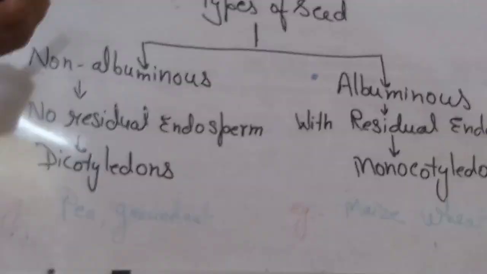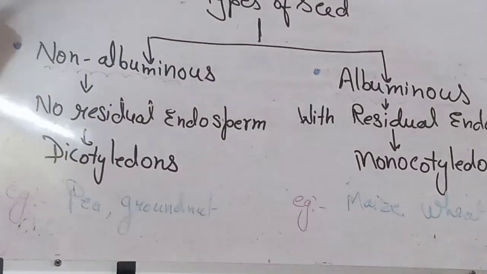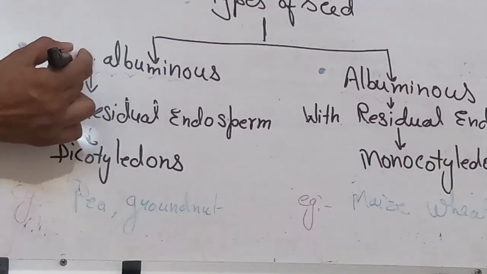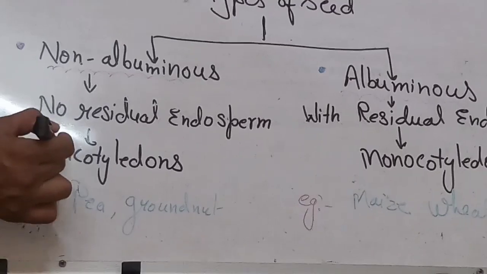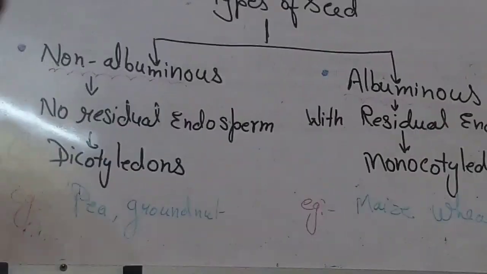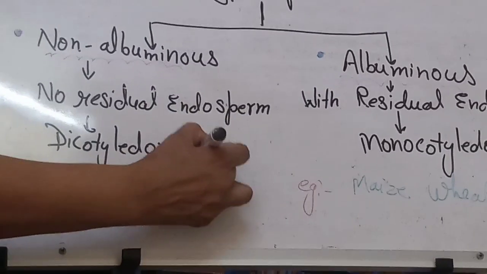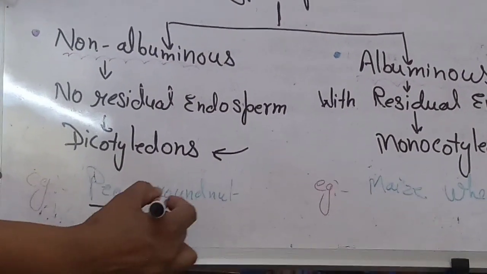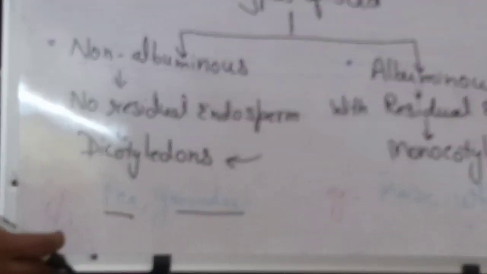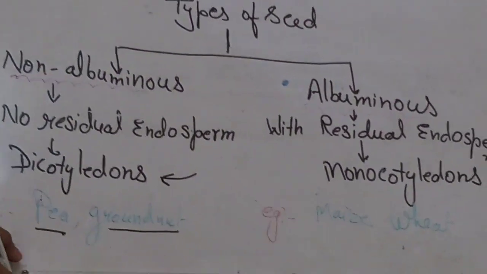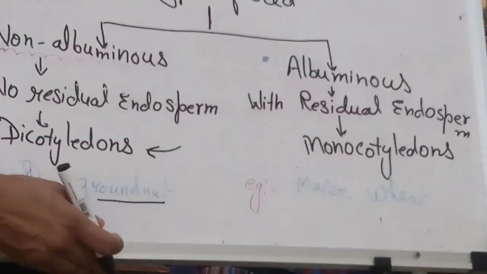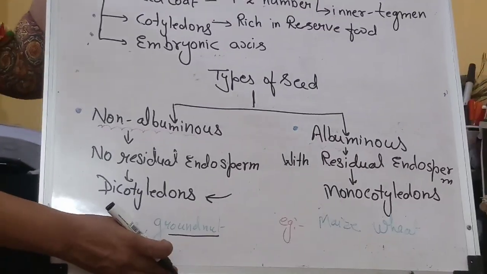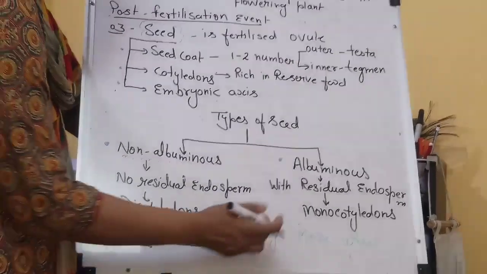Endosperm is completely consumed in the development of the embryo. We will see this in a dicotyledon seed. Pea is an example, groundnut is an example. In your textbook you will see other examples also, note them down, and discuss with me also.